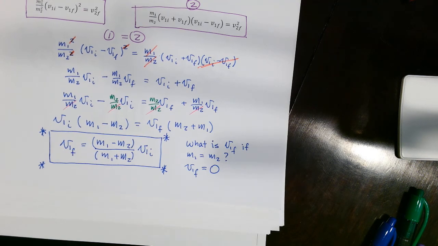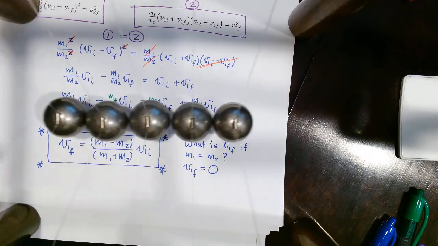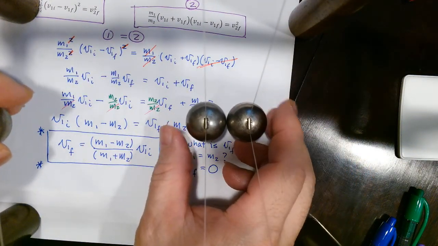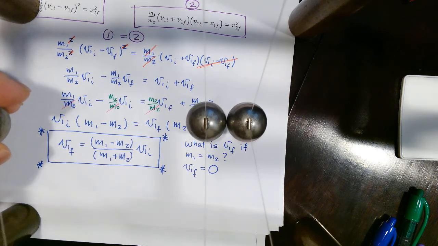So, is it true? I wish I had demonstration materials with me, but I don't. Next time I'm at school, I can show you. But this is close enough to show you a demonstration where I have two identical masses.